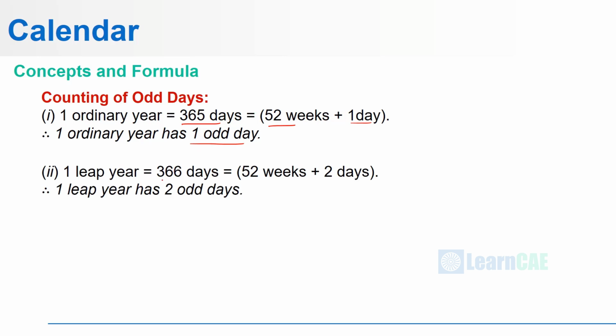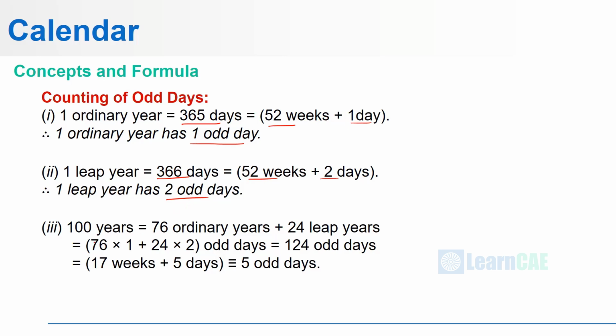Next, in a leap year, there are 366 days, which is equal to 52 weeks plus 2 days. Therefore, one leap year has got 2 odd days. Similarly, in 100 years, there are 76 ordinary years and 24 leap years. That is, 100 divided by 4 is equal to 25. Therefore, it should be 25 leap years plus 75 non-leap years. But the 100th year is a non-leap year.